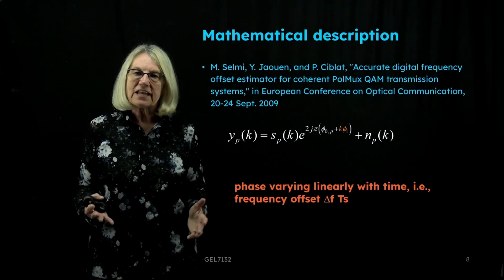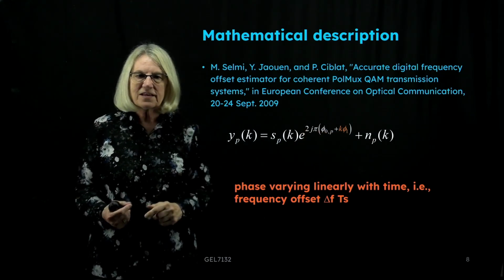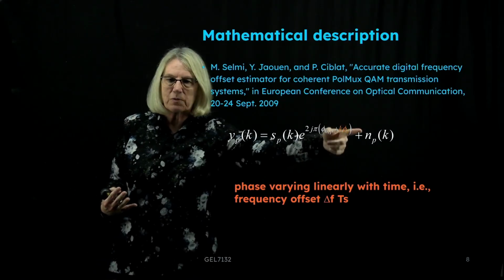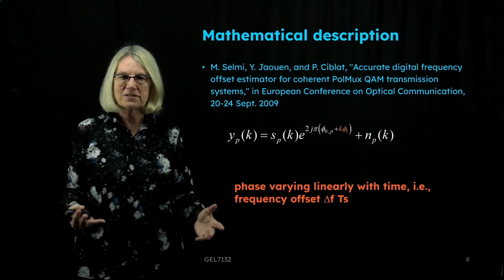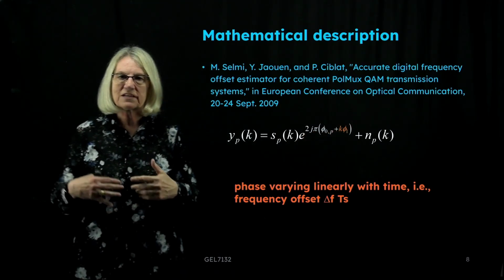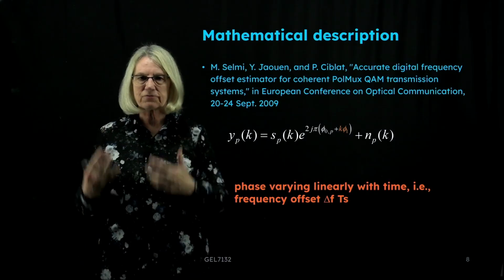So finally we have the last term in our equation, which we see here, and this represents a phase component in this exponent, which is linearly varying with time. So K is the time index, and here we have some sort of frequency offset. So a phase varying with time, that's frequency offset.